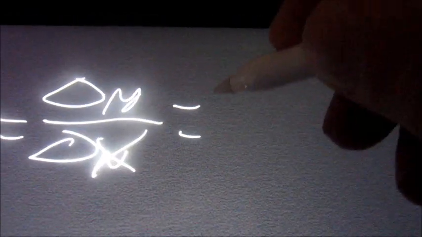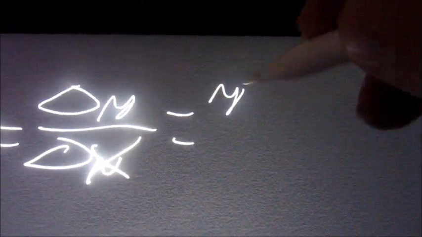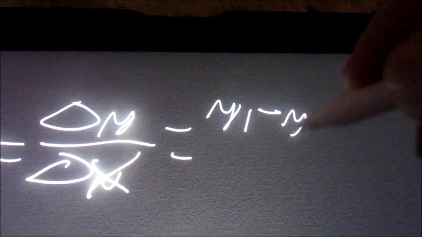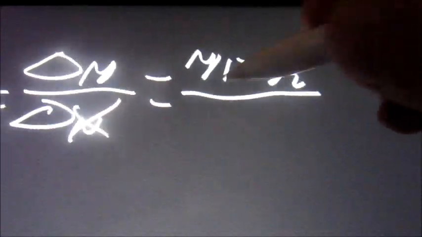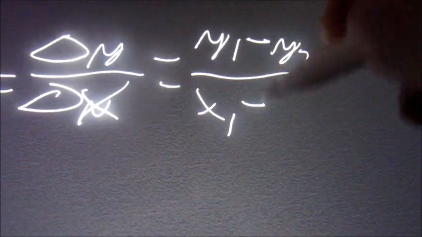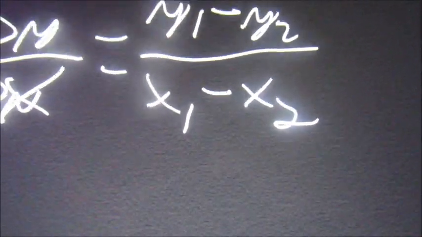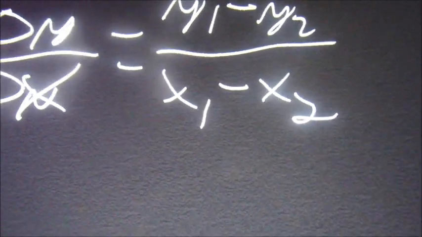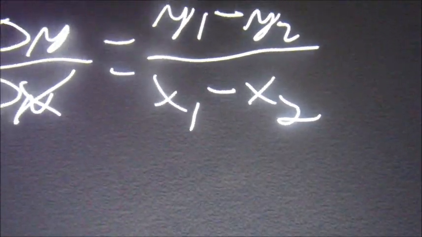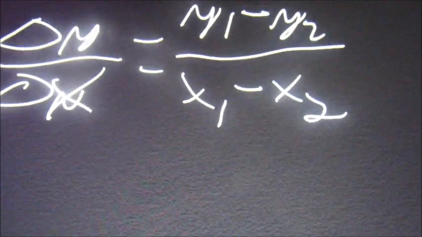So one way to write that also is y sub 1 minus y sub 2 divided by x sub 1 minus x sub 2. So if you remember, when we had a vertical line, it was just x equals something, and every x equaled the same thing.